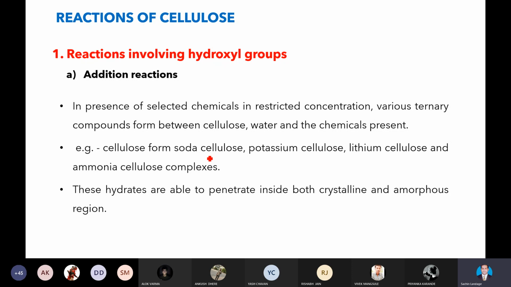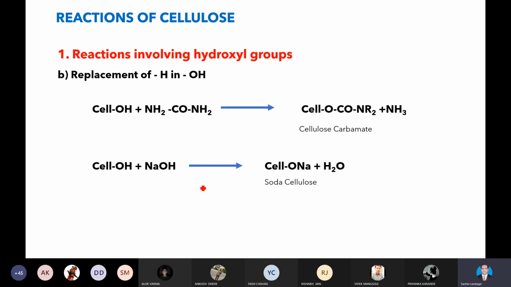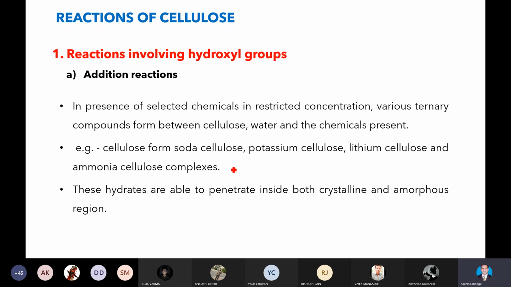And whenever there is a reaction between the cellulose and NaOH, we get soda cellulose formation. Likewise, when you carry out the treatment of cellulose with KOH, potassium hydroxide, what do we get? We get potassium cellulose. Lithium hydroxide, we get lithium cellulose.